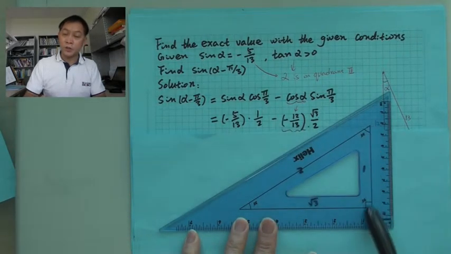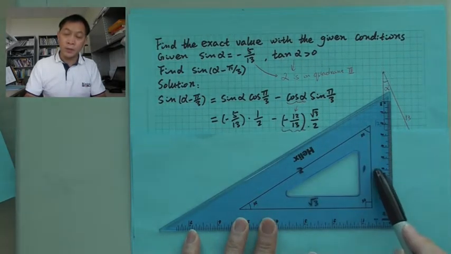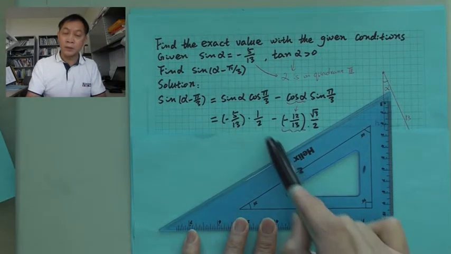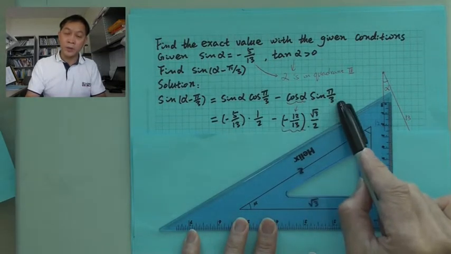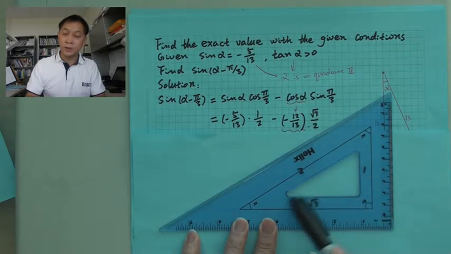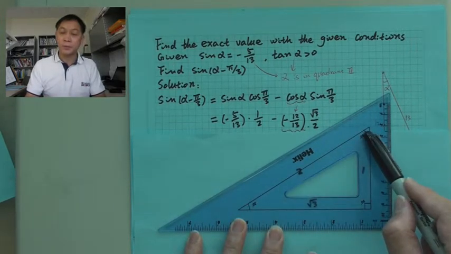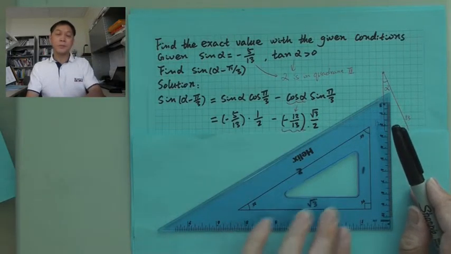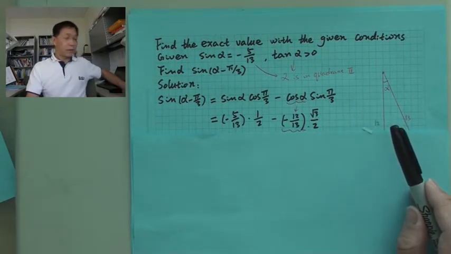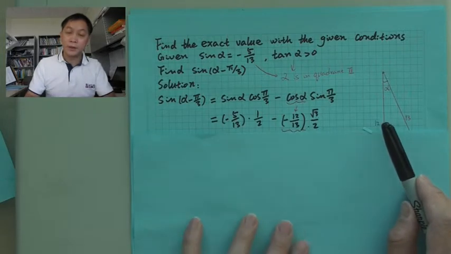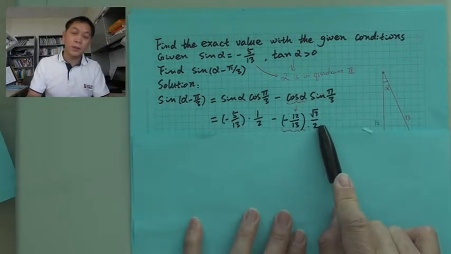Cosine is adjacent over hypotenuse, so that's 1 over 2, 1/2. Sine pi over 3, radical 3, opposite side, so radical 3 over 2.